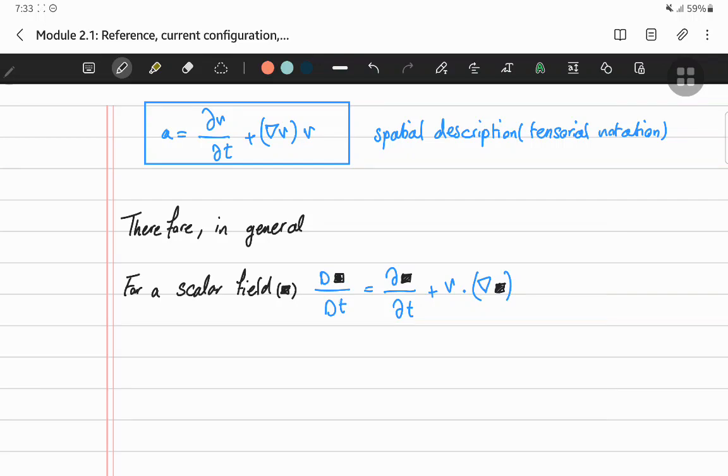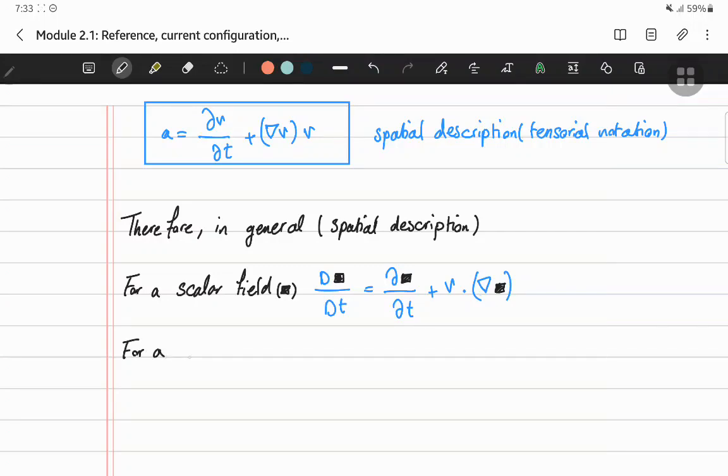So if you have a scalar field and you want to calculate in general for the spatial description, of course, the derivative of it with respect to time is the partial derivative of that scalar field with respect to time plus the dot product of velocity and the gradient of that scalar field.